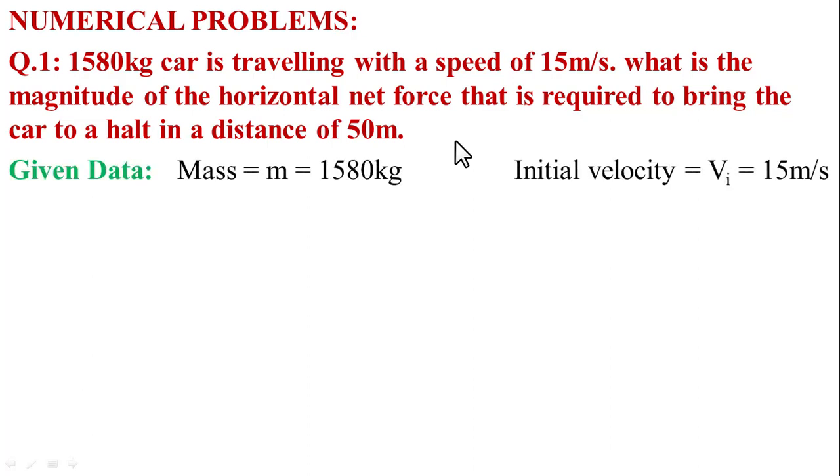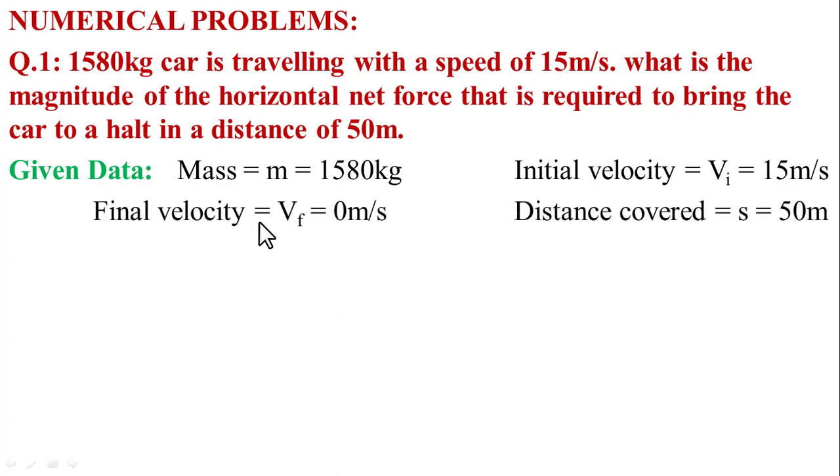In the given data, mass m is equal to 1580 kg. The initial velocity Vi is equal to 15 meters per second. Also given that the final velocity will be zero, so Vf is equal to 0 meters per second.